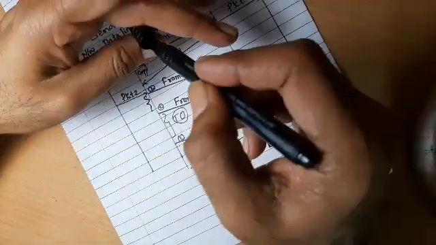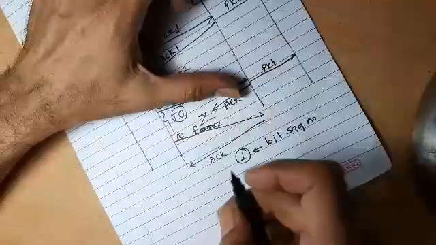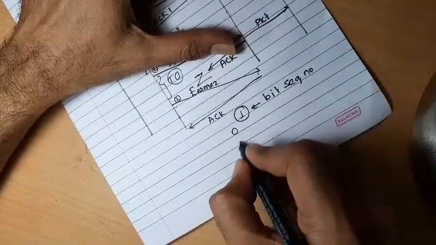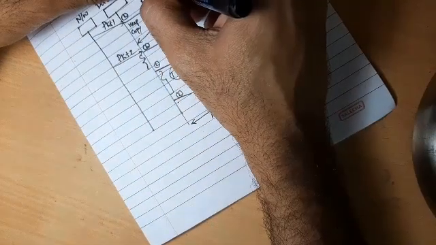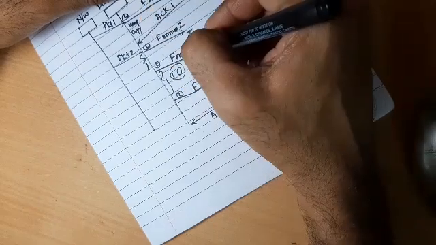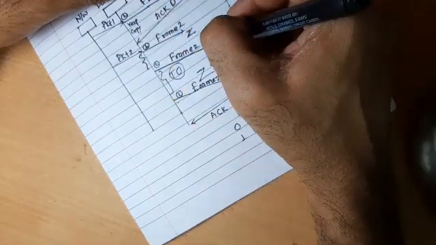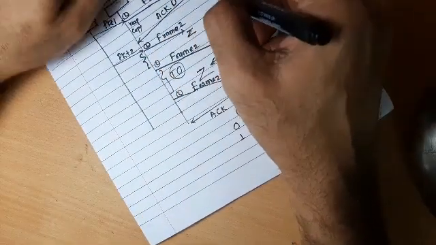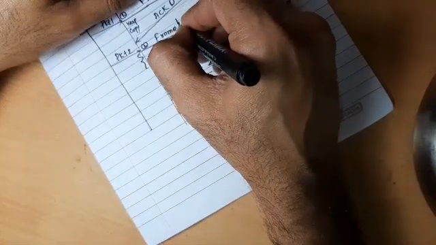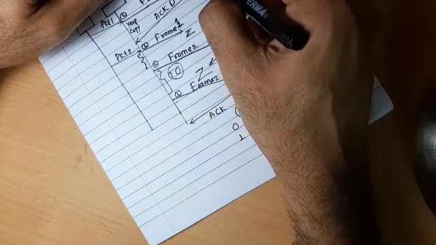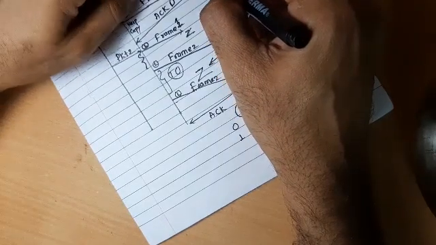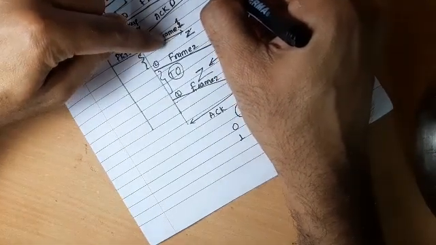Now naturally a question arises: 1 bit can give you two possible states, 0 and 1. That is enough for us, because the moment the sender sends frame 0, it gets an acknowledgement for 0. So the receiver has to wait for frame 1, because it has already consumed frame 0 and is waiting for the next frame.